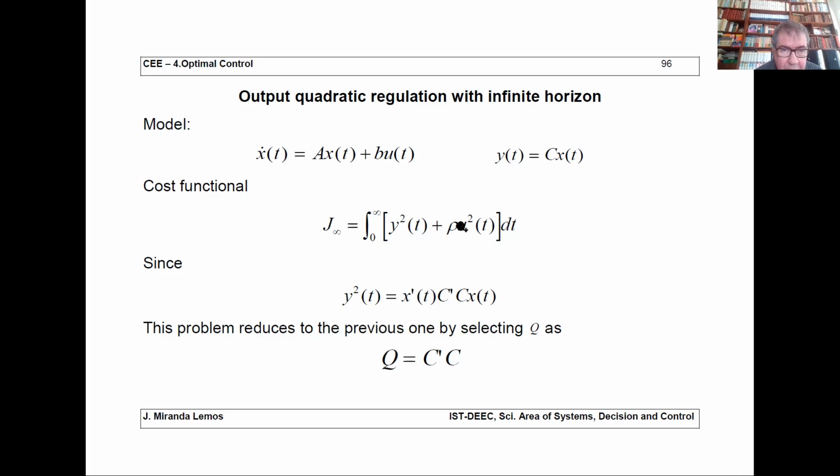So you put a weight, rho is a positive number, and what you are saying is that you want both y and u to be 0, but the relative importance of which one is 0 is measured by this weight, rho. If you increase rho, you are saying that u should be close to 0, and y is free to go. If rho is very small, then u is free to move, and y, if everything is okay, will be driven close to 0.